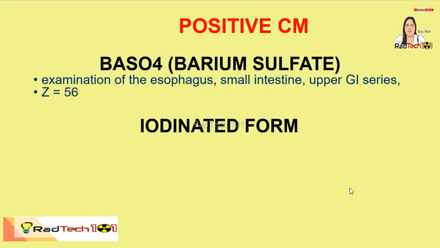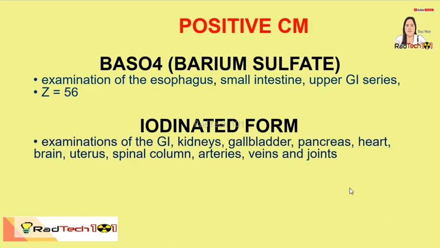The atomic number of barium is 56, while iodinated contrast examinations include the gastrointestinal tract, the kidneys, gallbladder, pancreas, heart, brain, uterus, spinal column, arteries, veins, and joints.